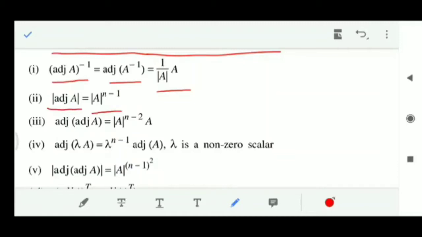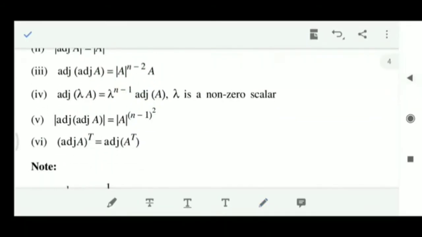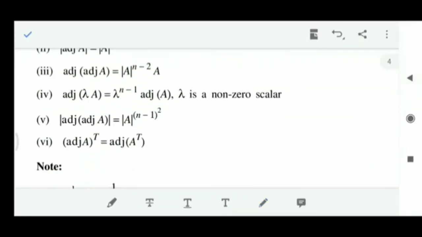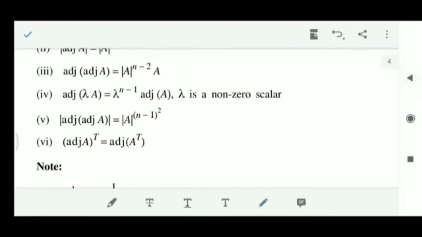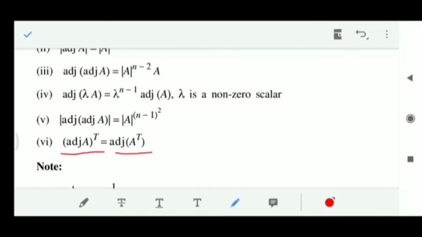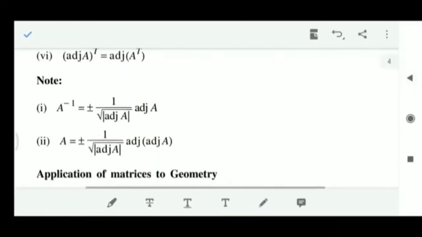Adjoint of adjoint of A is equal to determinant of A power n minus 2 into A. Adjoint of lambda times A is equal to lambda power n minus 1 into adjoint of A. Fifth, determinant of adjoint of adjoint of A is equal to determinant of A whole power n minus 1 whole squared. And sixth, adjoint of A transpose is equal to adjoint of A whole transpose. So you have to know all these properties to do sums and calculations.